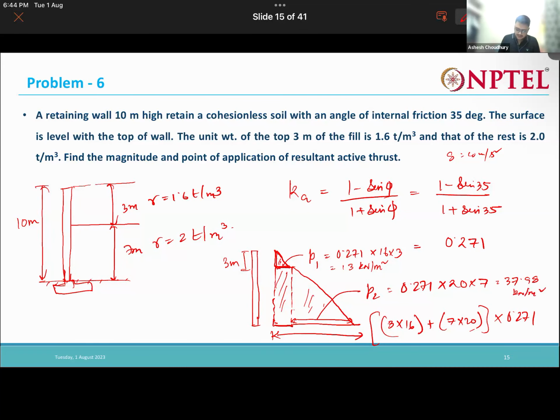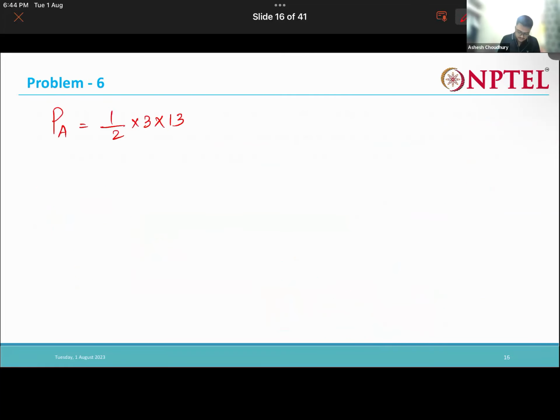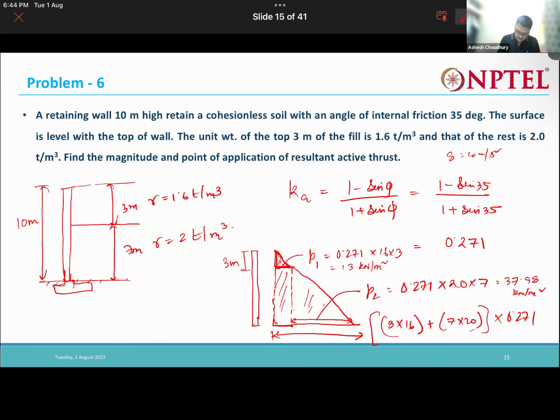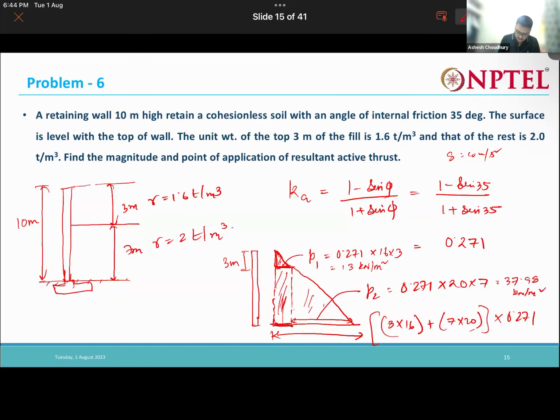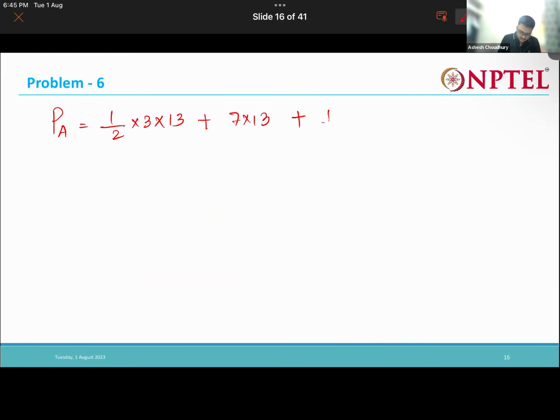So first we are taking the area of this triangle. It's nothing but half into 13 into 3, right? So half into 3 into 13, plus the area of this rectangle, which is 7 into 13, plus the area of this triangle, which is half into 37.98 into 7.